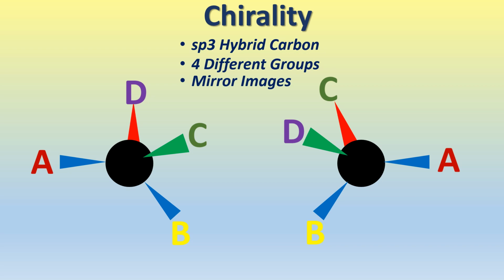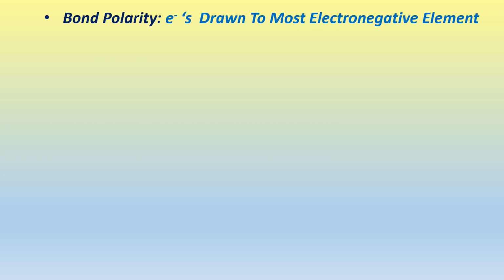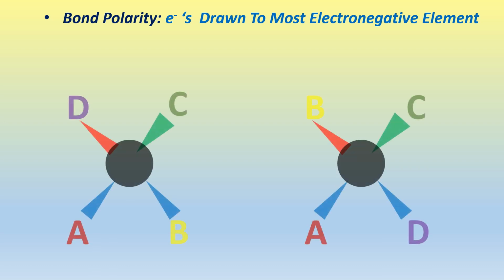Now, this leads to the ability to bend light due to the fact that covalent bonds are polar. As long as you have dissimilar elements in a bond, there's going to be a difference in electronegativity, with the electrons drawn towards the more electronegative element.